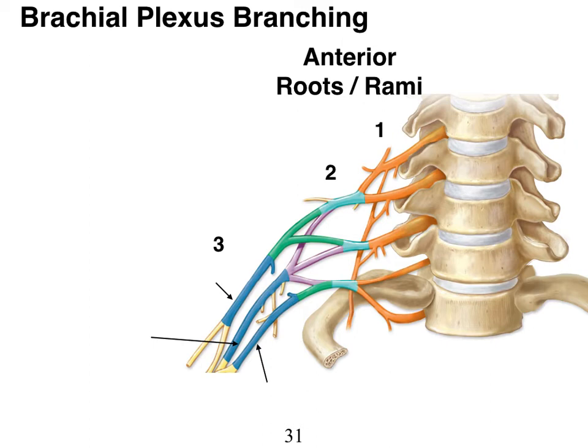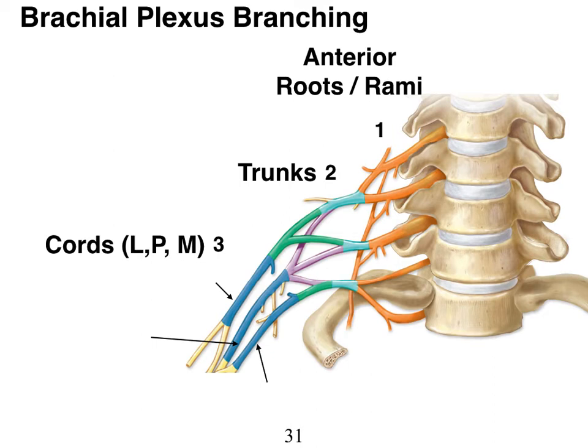After anterior roots, we see that the neck structure are combined between some of the anterior roots. We call those trunks. After the trunks, we see that there's also some combining and exchanging where the pattern of the fibers change, and we end up with 3 cords.